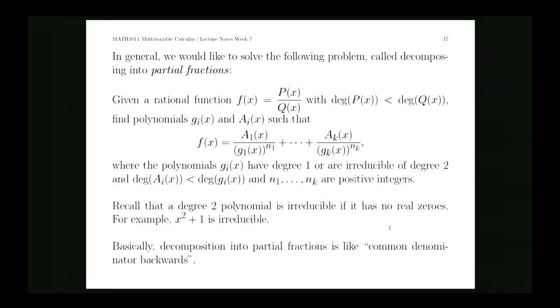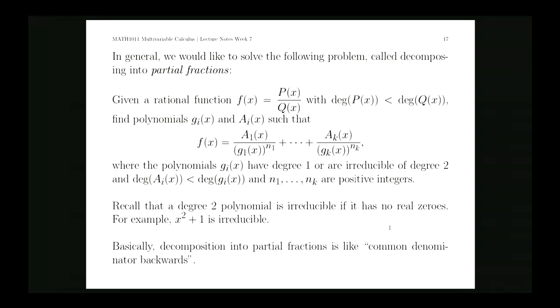So where the polynomials on the bottom are either of degree 1, so they're linears, or they're irreducible quadratics that don't have any real roots. We know of course all quadratics have 2 roots, sometimes they're complex numbers. Some textbooks will do partial fractions with complex numbers. Don't do that.